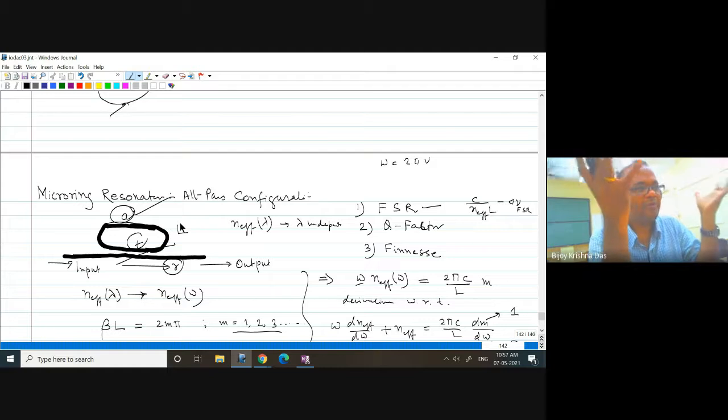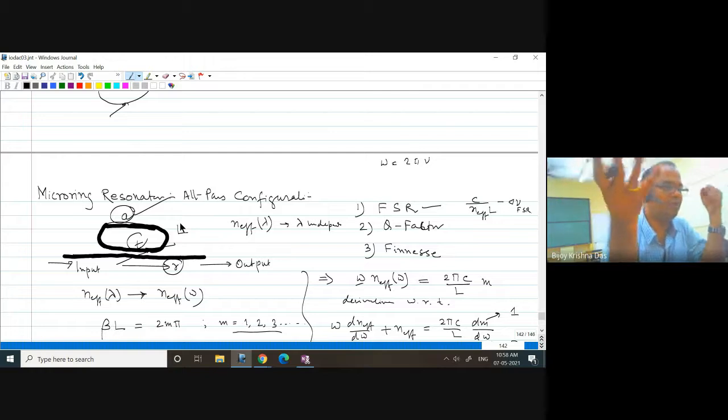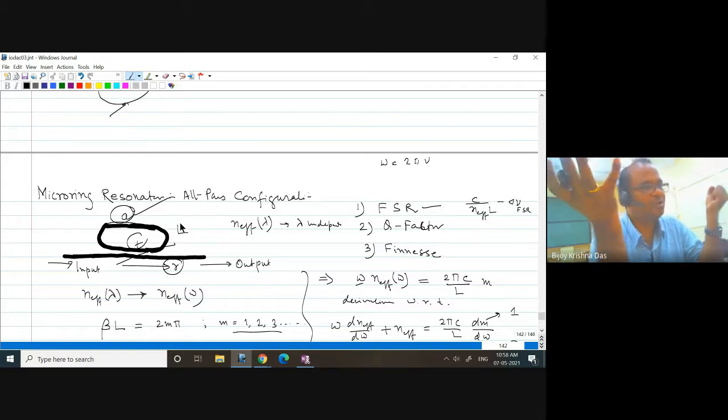After measuring, suppose I want to tell someone that this is a good ring resonator. People will ask, good in what sense? To understand that, we use certain figures of merit: one is FSR, another is the quality factor, and the last is the finesse.